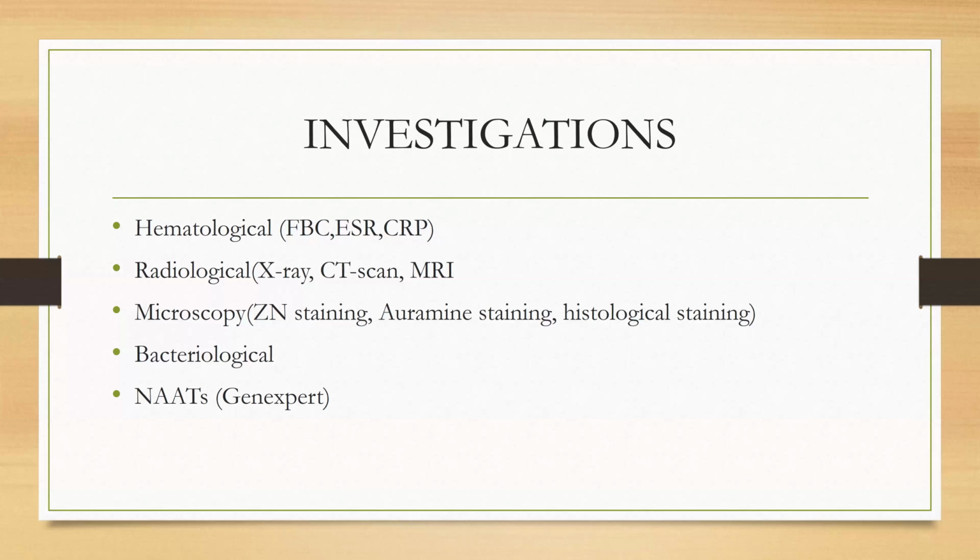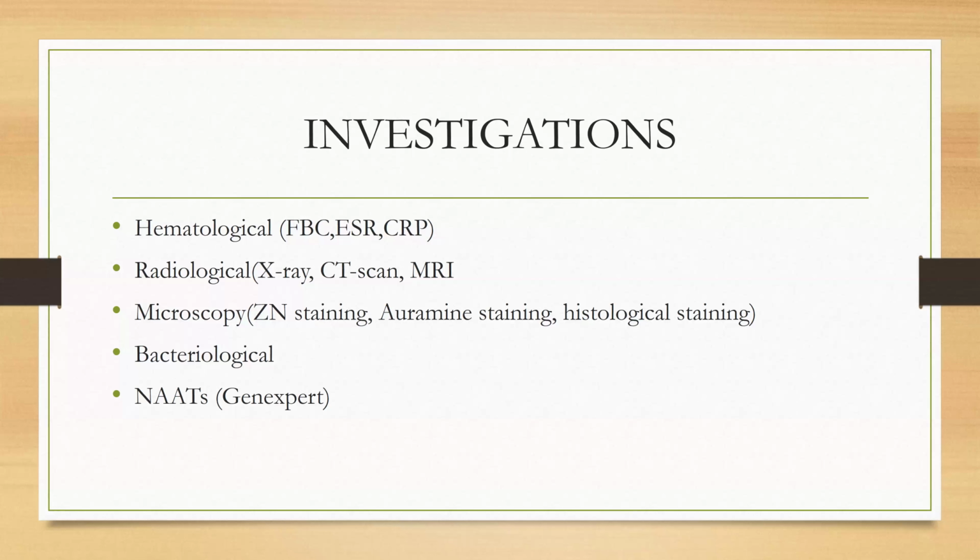Culture for TB is not very routine, but there are special circumstances, and the guidelines tell us when we need to do culture. Sometimes you may need to send a specimen for culture, especially where you are not sure about drug sensitivity, and all that is in the guidelines.